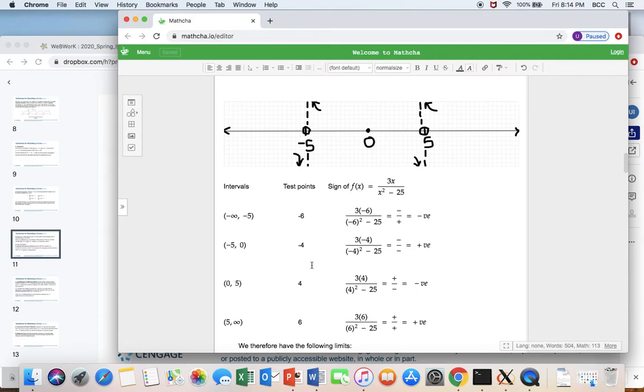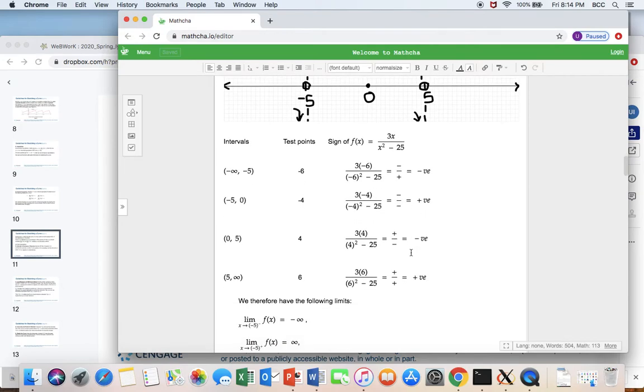Likewise, plug in negative 4. Upstairs is going to be negative. Downstairs, this is going to be a positive 16 minus 25. Well, 25 is bigger, so 16 minus 25 is going to be a negative number. Negative over negative, positive.